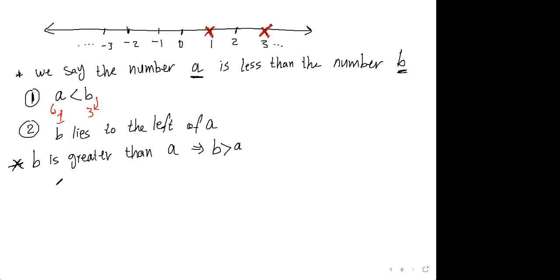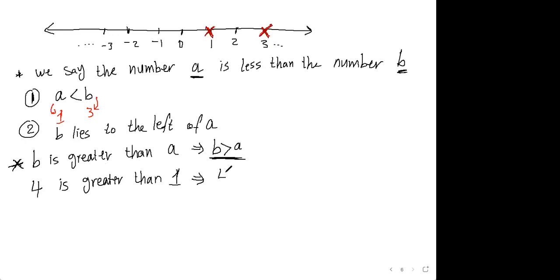So, okay, B is greater than A. That means by this inequality the number B lies to the right of A. I give you an example. 4 is greater than 1.